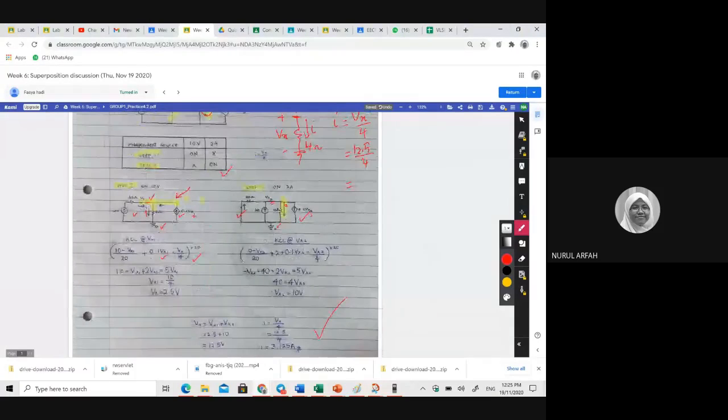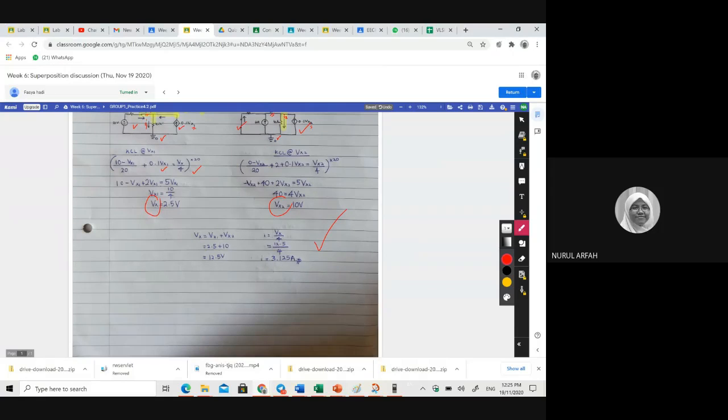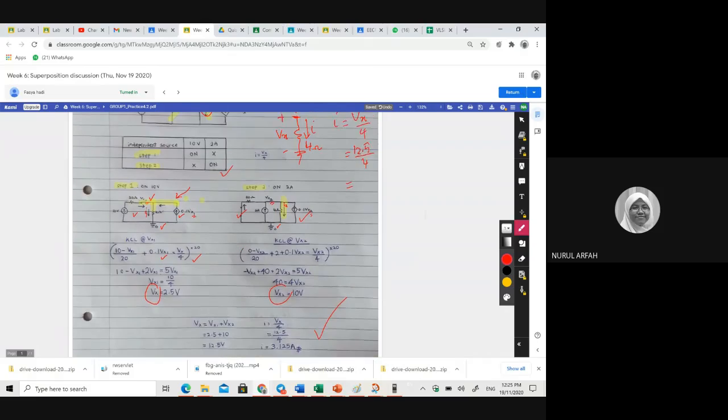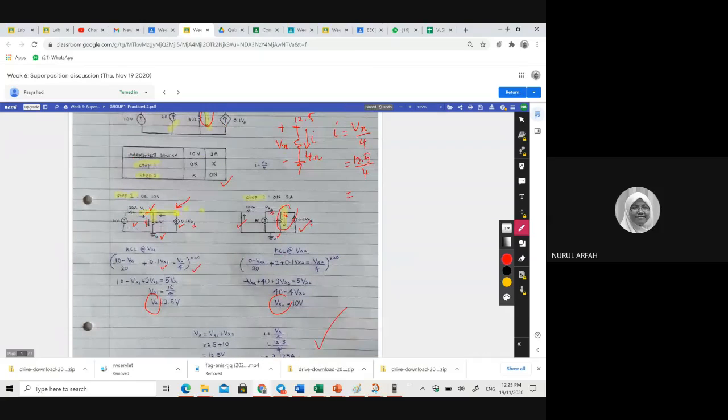But if possible, you show me how you get this I1 and this I2, so that I know that you know how to get your answer. So this one you compare with the I here. Find I here and find the I over here. So you will get the answer.